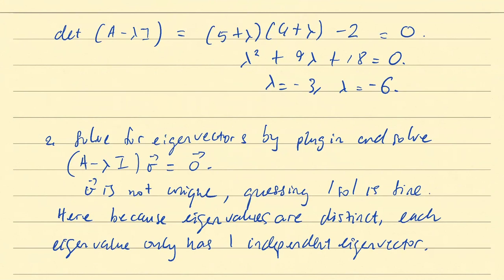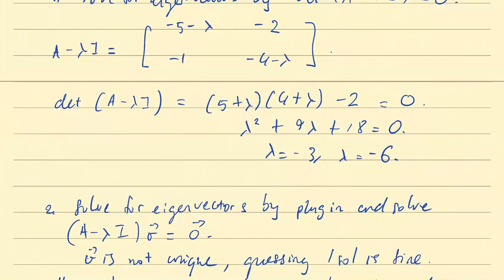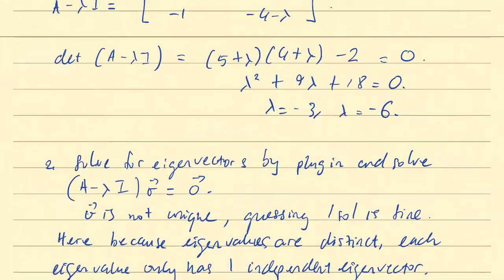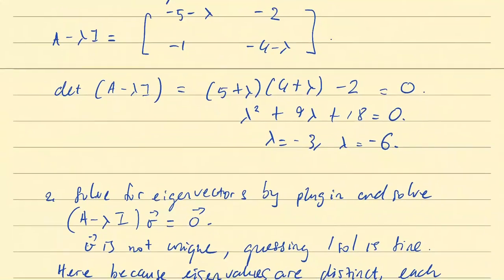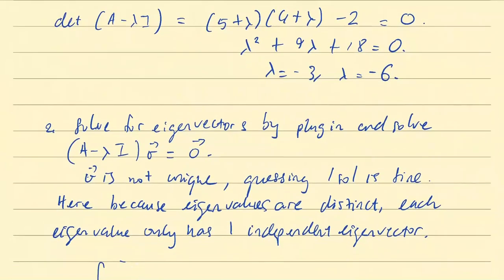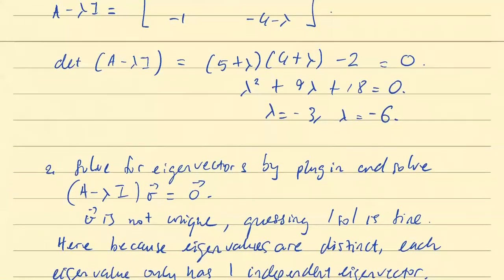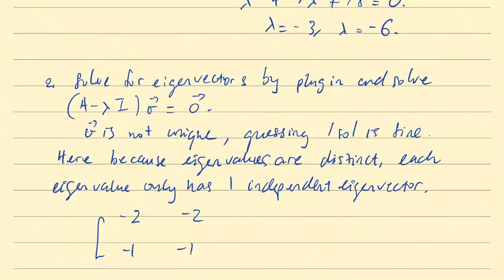So let me demonstrate. Let's say lambda equals -3. Plug in, what do we get? We get -2, -2, -1, -1. If you're experienced, sometimes people make a mistake here, an algebraic or calculation error.